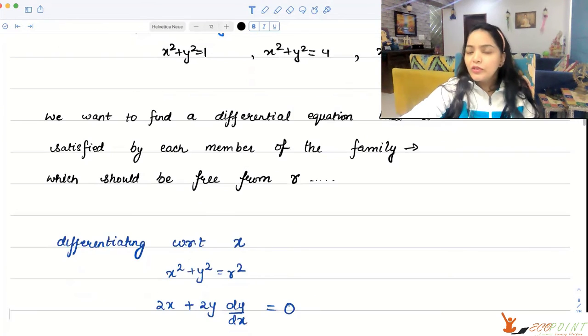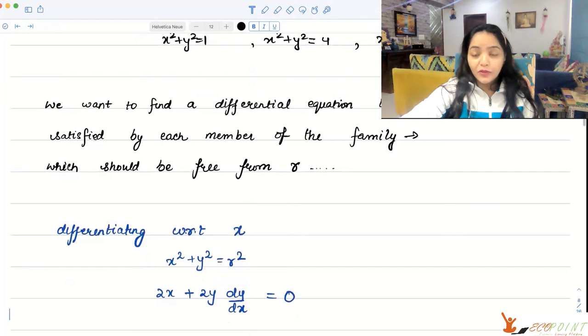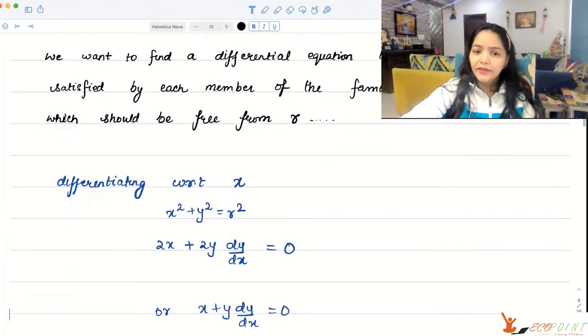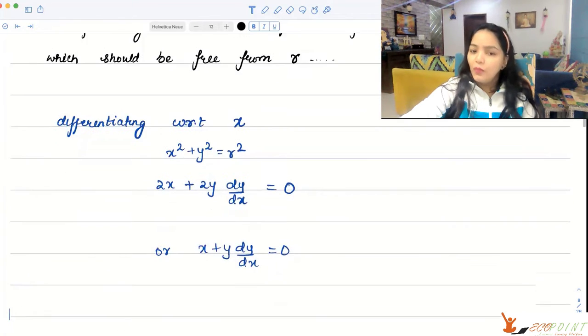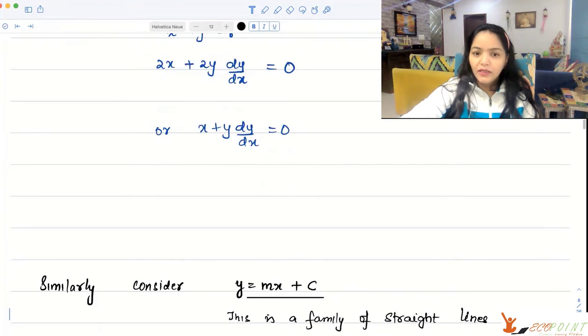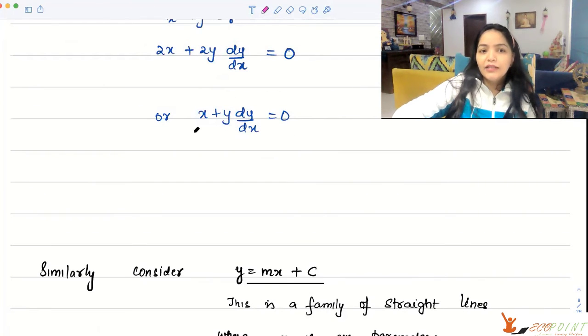Let's just differentiate with respect to x. So you have 2x plus 2y dy by dx equals 0. And dy by dx clearly turns out to be minus x upon y, right? Please try to understand what is happening here. This essentially is telling you that this is the differential equation.